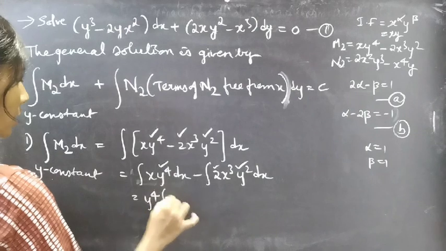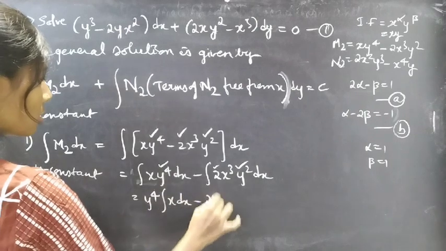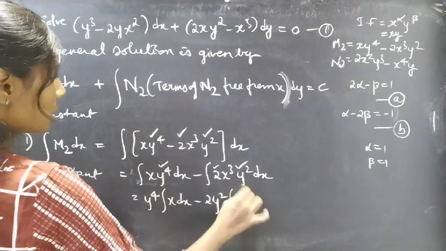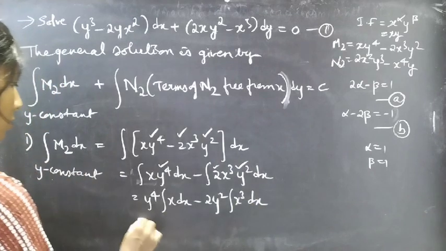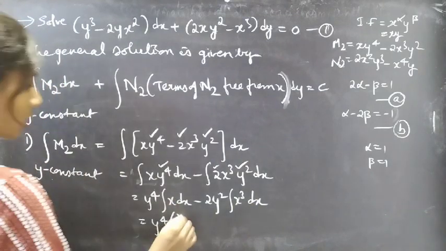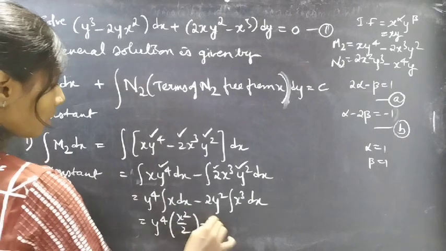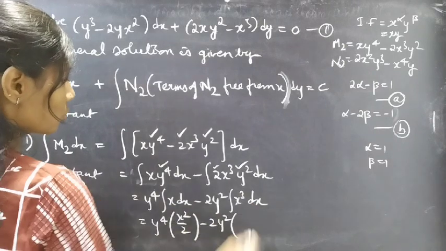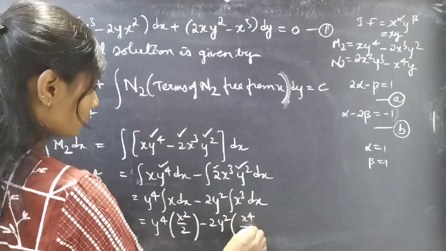Y power 4 integral x dx minus 2y square integral x cube dx, which gives us y power 4 into integral x dx is x square by 2, minus 2y square into integral x cube dx is x power 4 by 4.